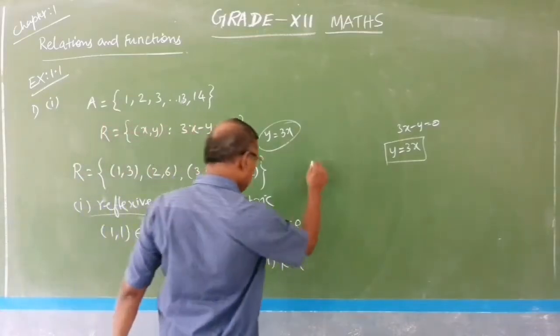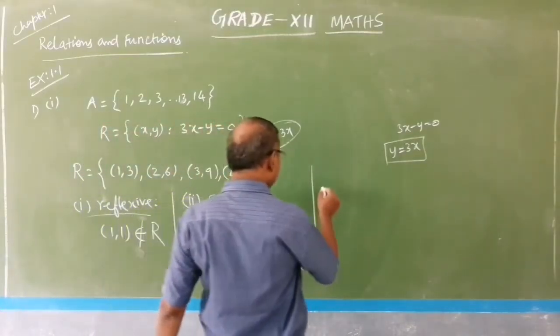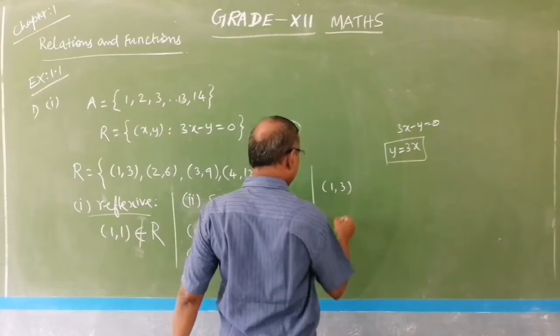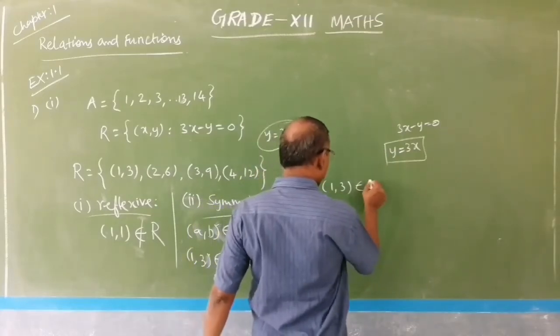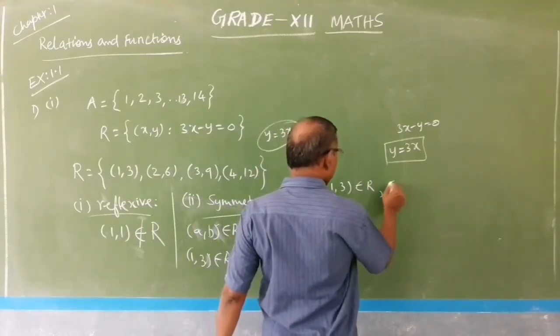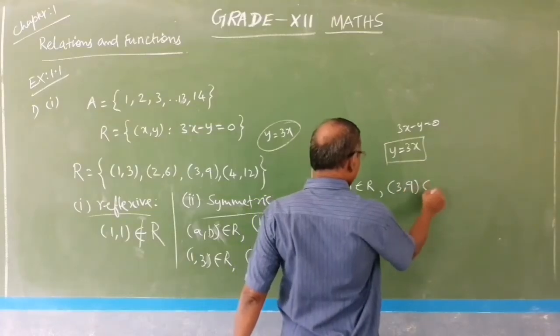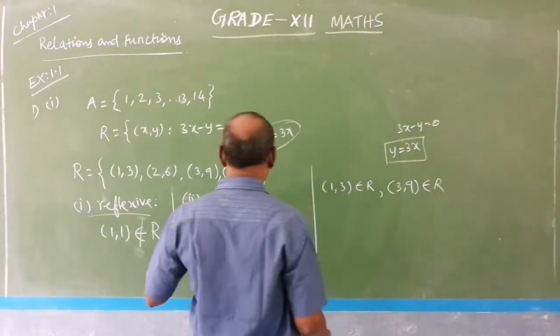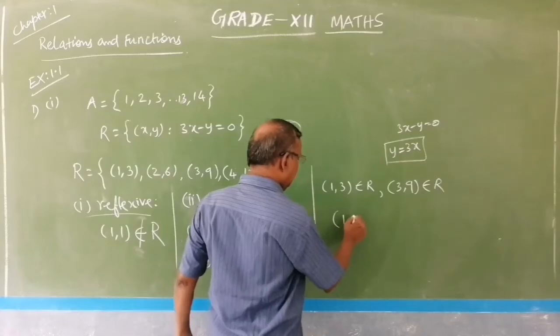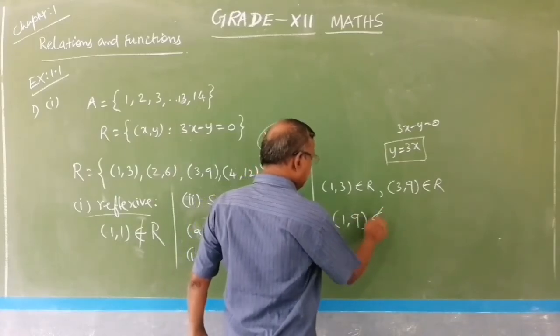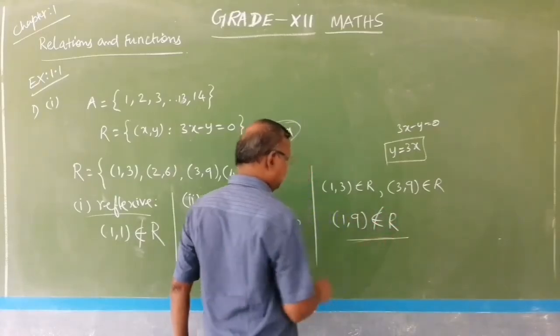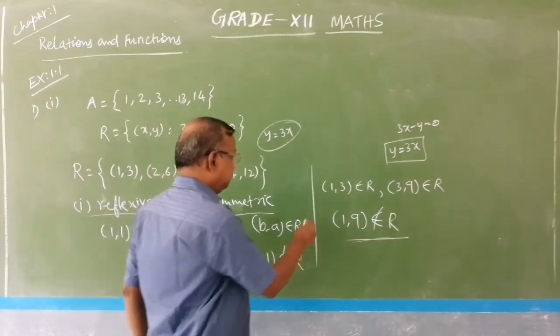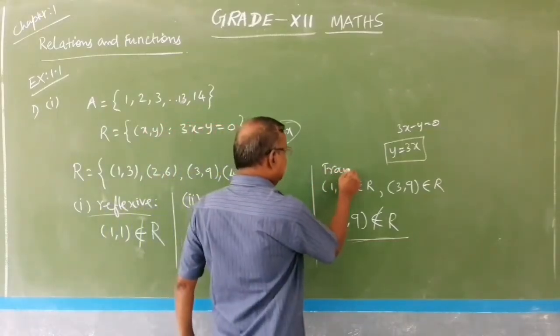Now here 1 comma 3 belongs to R and 3 comma 9 belongs to R, but there is no element 1 comma 9 in R, therefore it is not transitive too.